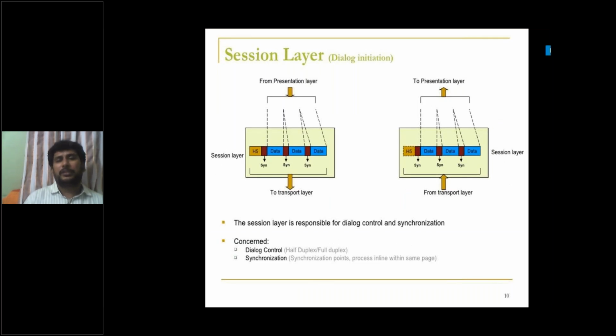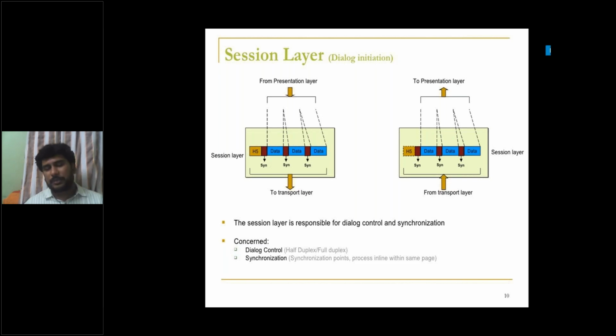So the next layer above the transport layer is called the session layer. Basically, the session layer is responsible for implementing sessions, that is, dialogue initiation, and also for synchronization of the data. Dialogue control means whether the communication we are trying to implement is half duplex or full duplex.